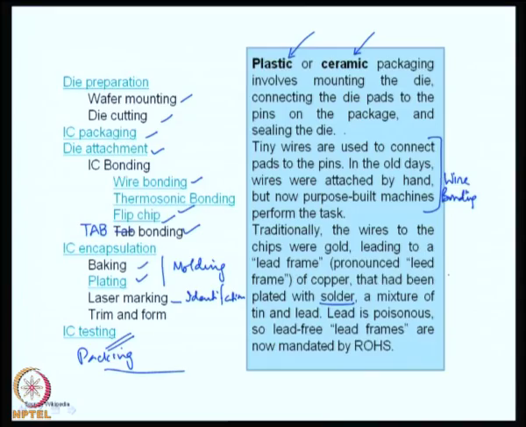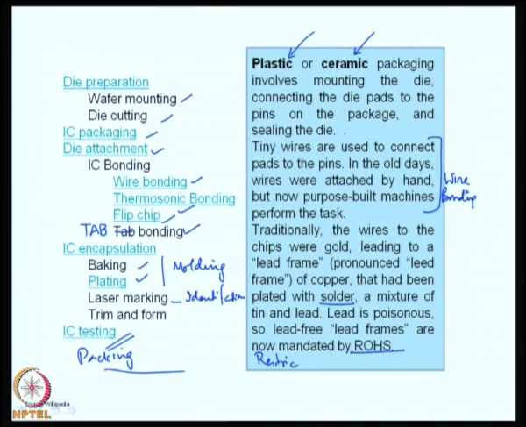Today, because of health hazards posed by lead, we are now using lead free attachment, and this is mandated by RoHS. RoHS means restriction of hazardous substances. Okay. So, this is the pathway.